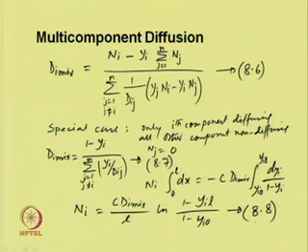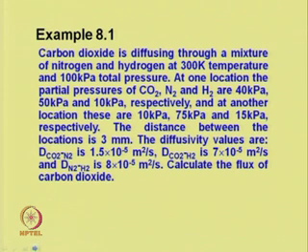Now, let us consider a simple example. Carbon dioxide is diffusing through a mixture of nitrogen and hydrogen at 300 Kelvin temperature and 100 kilopascal total pressure. At one location, the partial pressures of CO2, nitrogen and hydrogen are 40 kilopascal, 50 kilopascal and 10 kilopascal respectively, and at another location CO2 is 10 kilopascal, nitrogen is 75 kilopascal and hydrogen is 15 kilopascal.